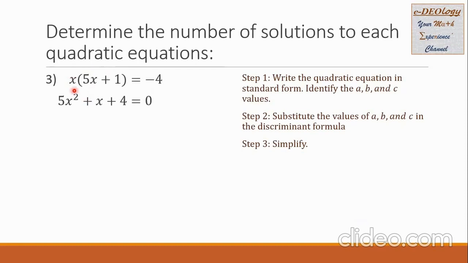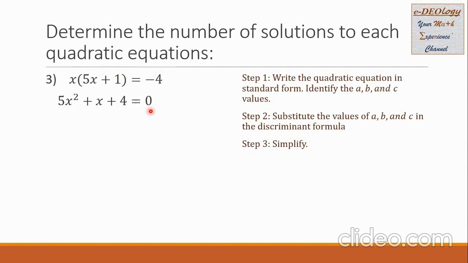So we have x times 5x is 5x squared plus x times 1 is x, and then the negative 4 on the right side is transposed on the left. The sign will be changed. From negative, it becomes positive, and this is equal to 0.